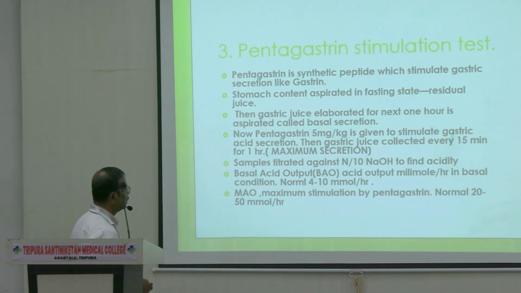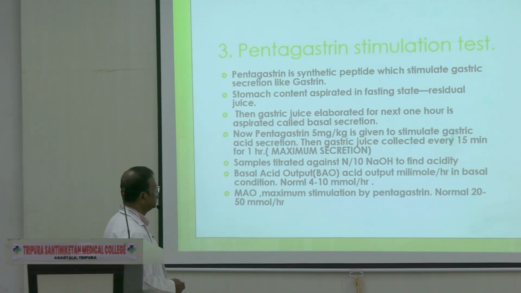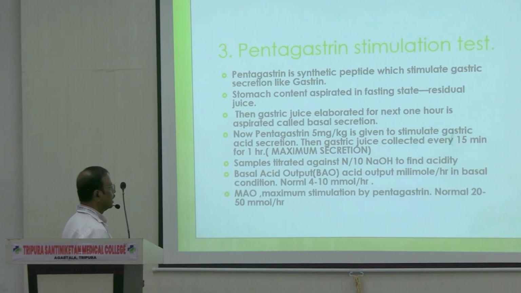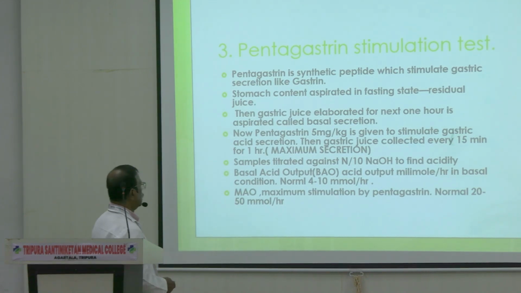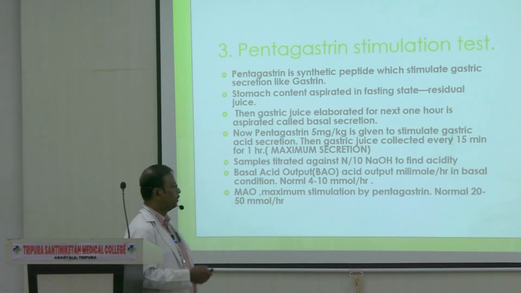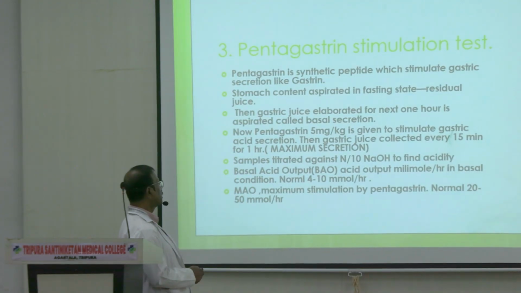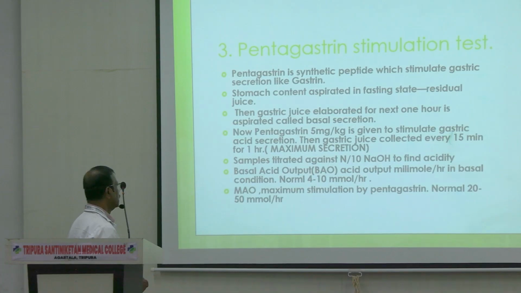Now pentagastrin is given, 5 microgram per kg, to stimulate gastric acid secretion. Then gastric juice is collected every 15 minutes for 1 hour. This period is maximum secretion. These samples are titrated against 1/10 sodium hydroxide to find acidity.